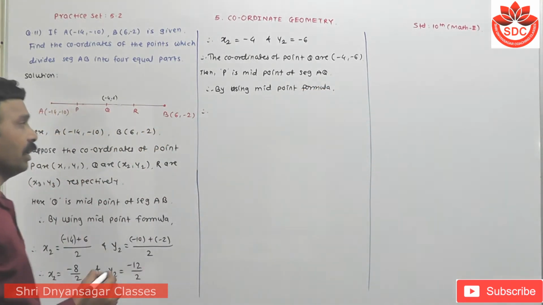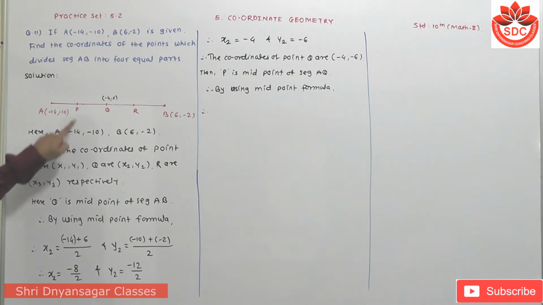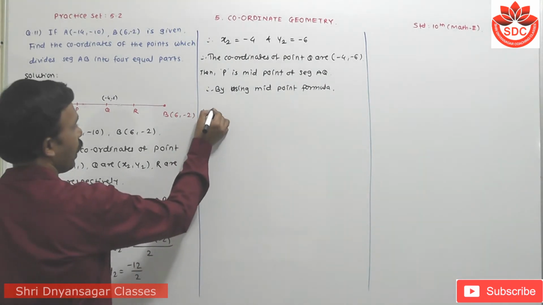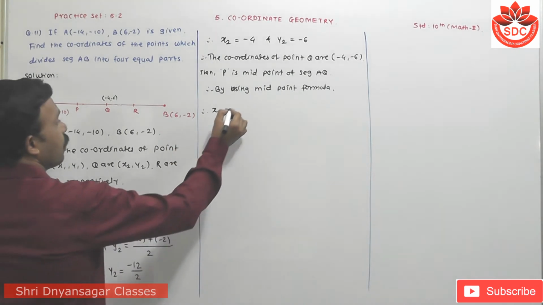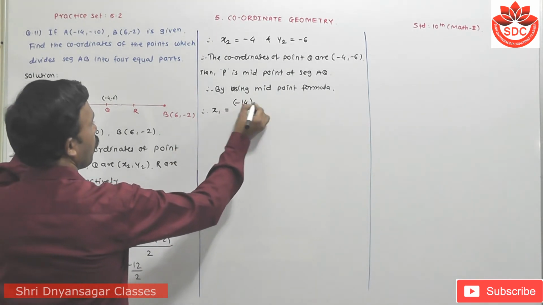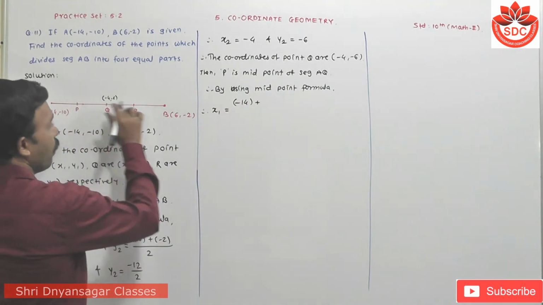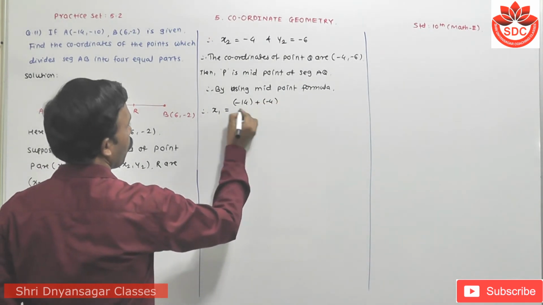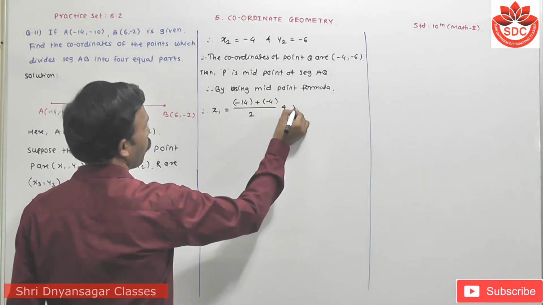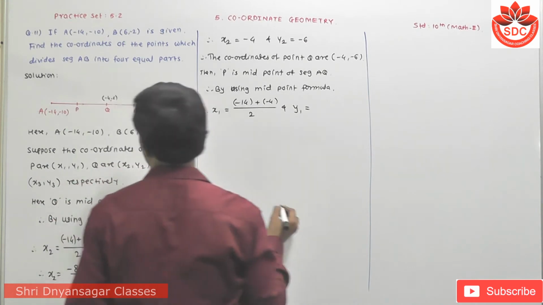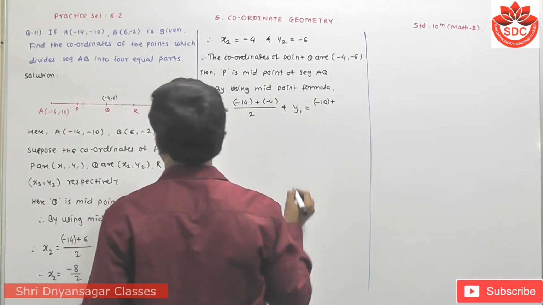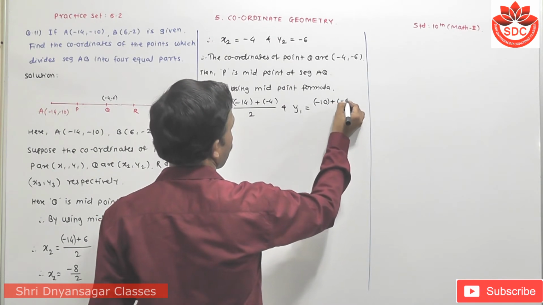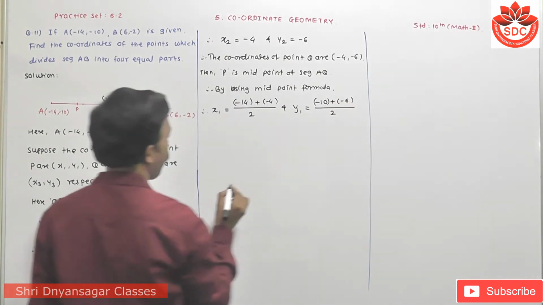Therefore, I have to directly use this formula again. P has coordinates (x1, y1). So x1 is equal to (-14 plus -4) upon 2 and y1 is equal to (-10 plus -6) upon 2.